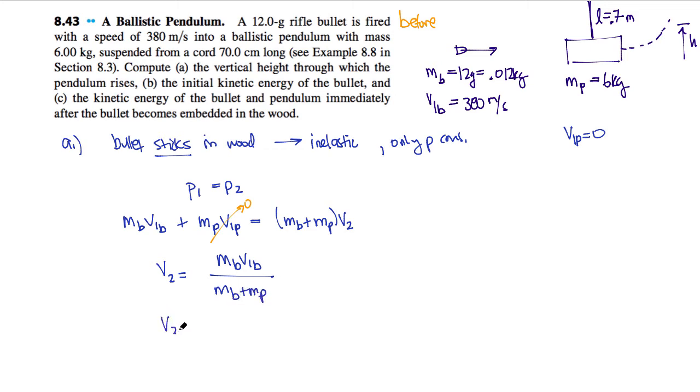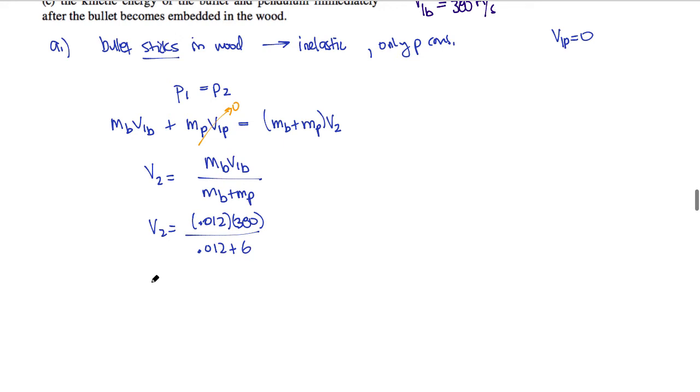That is 0.012 kilograms times its initial speed of 380 meters per second, over 0.012 plus 6 kilograms. So the speed of the bullet and the pendulum after the collision would be a fairly small 0.7585 meters per second. I'm not going to round this one much because I'm in the middle of the problem.